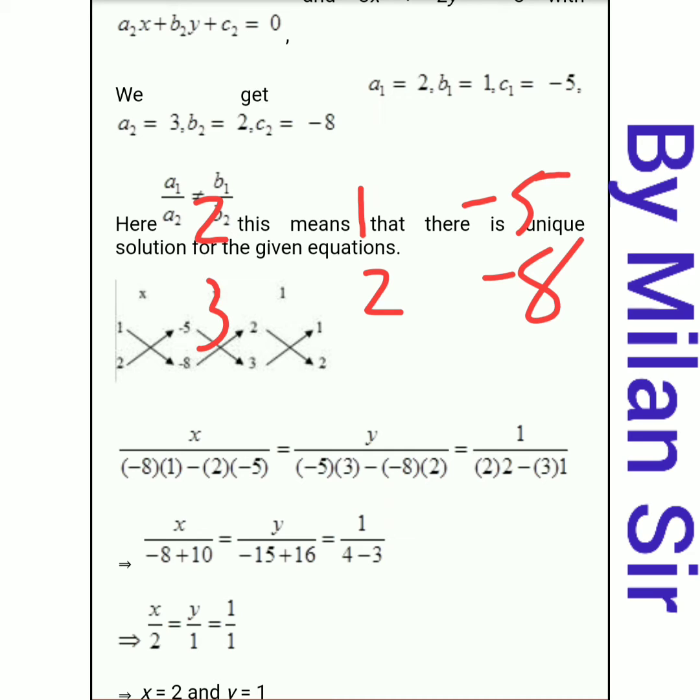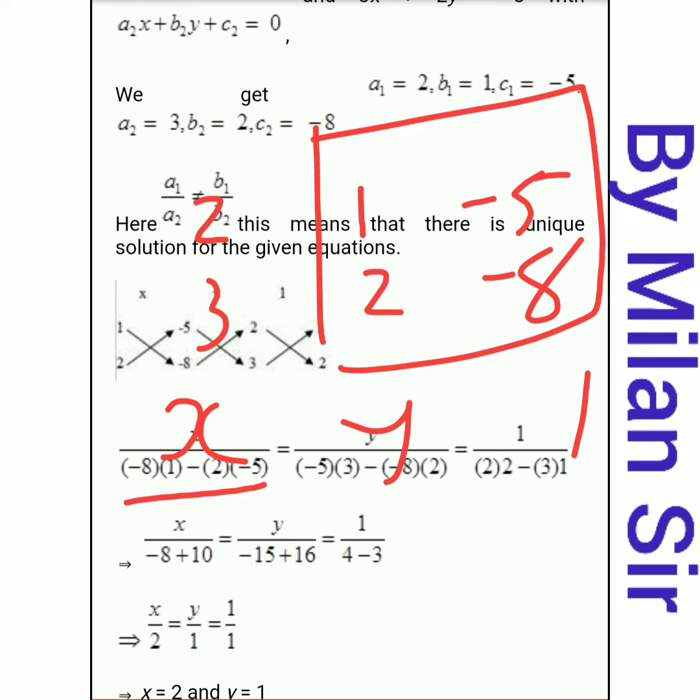Okay, now we need to write x, y and 1. This is fixed. We need to write our two variables and 1, x, y and 1. Now in x we need to write this 2.